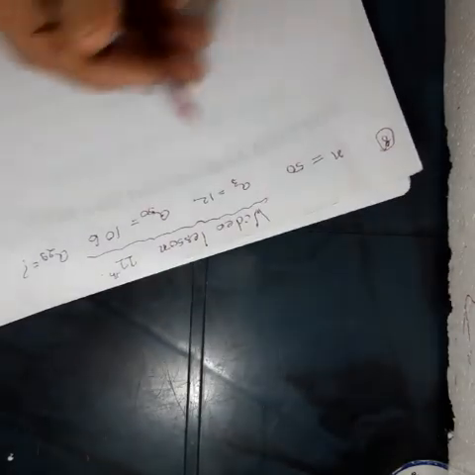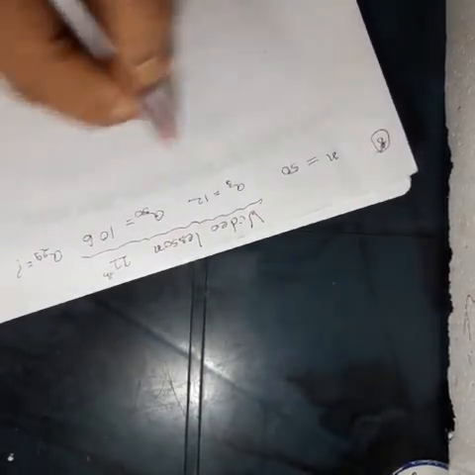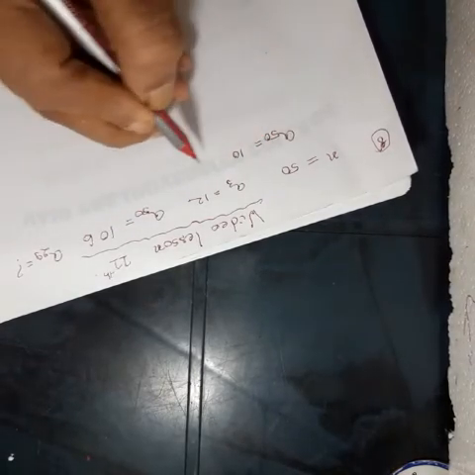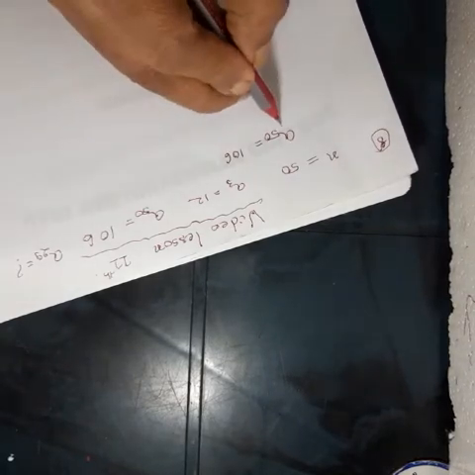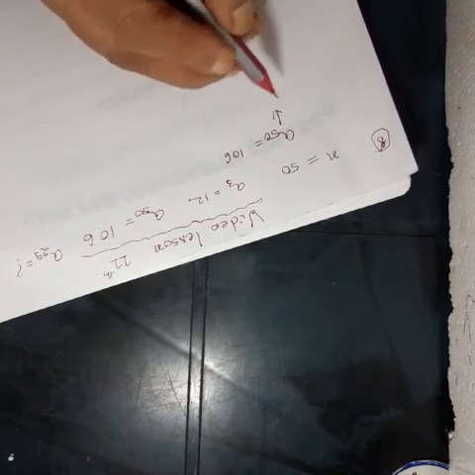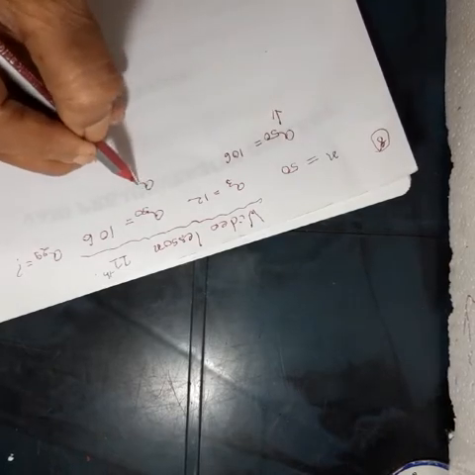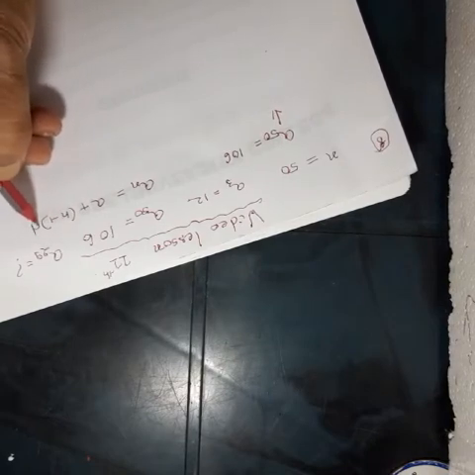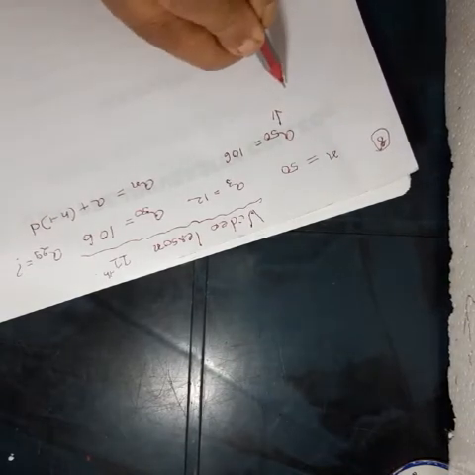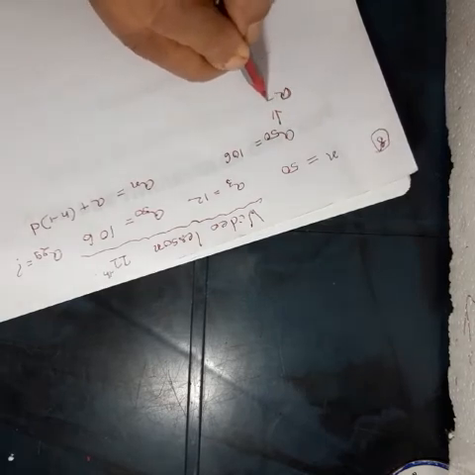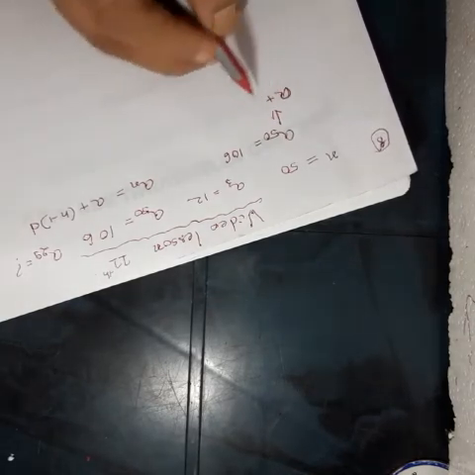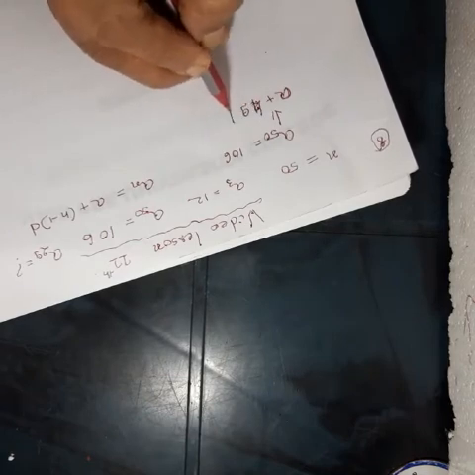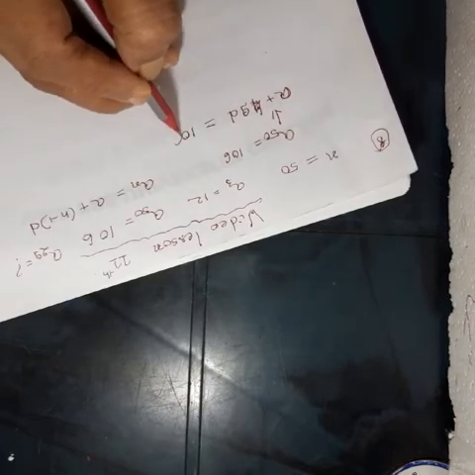So A50 is equal to 106. I will write the formula again: an is equal to a plus (n minus 1)d. So A50 means a plus 49d, which is equal to 106.